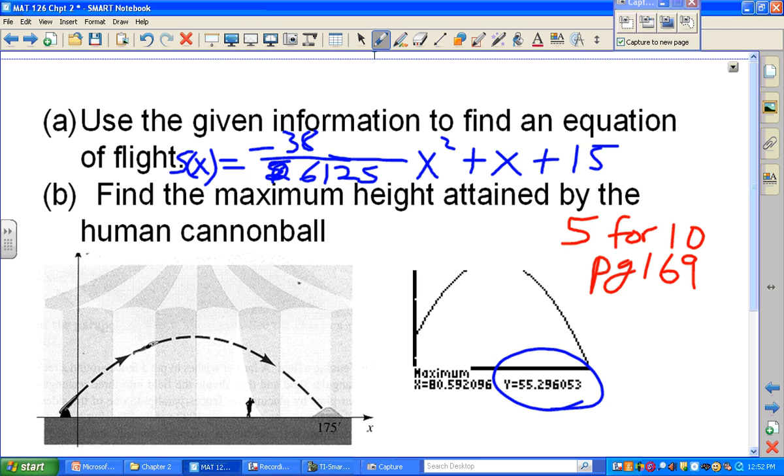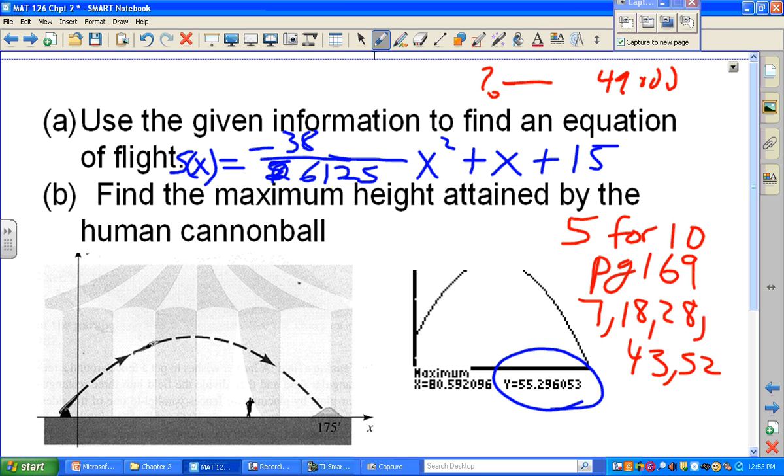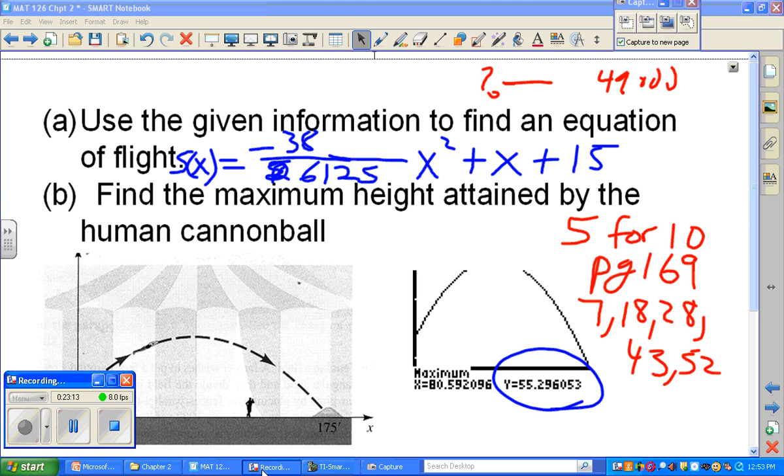Probably go up to 49, and whatever to 49 on. Oh, look at this. Something new. We're taking a small step forward. I like this. 7, 18, 28, 43, and 52. Woohoo! All right. Hey, that's a good lesson, 24 minutes.